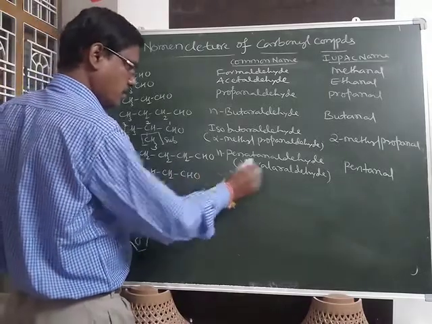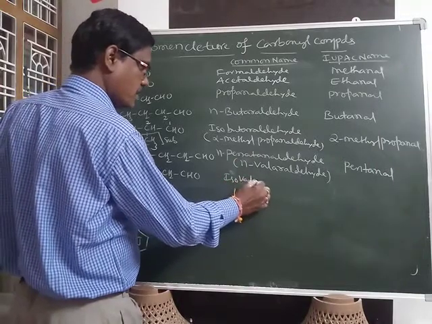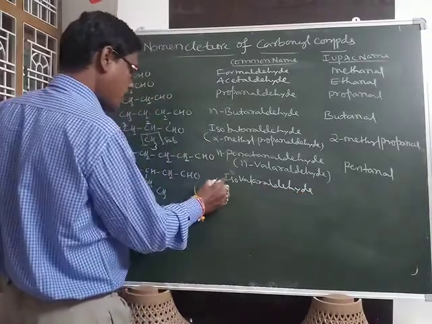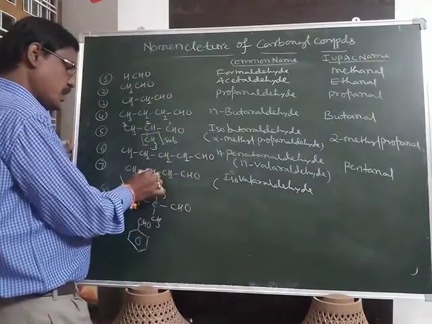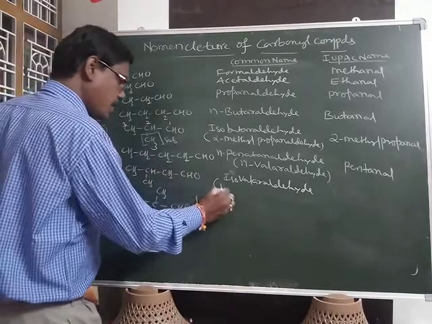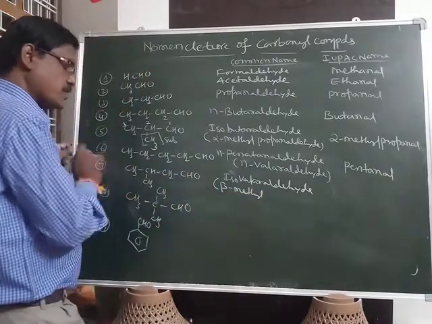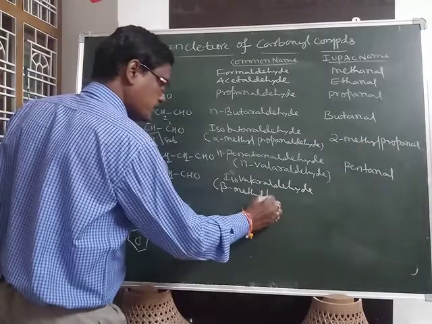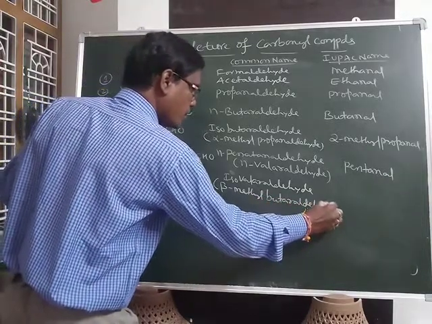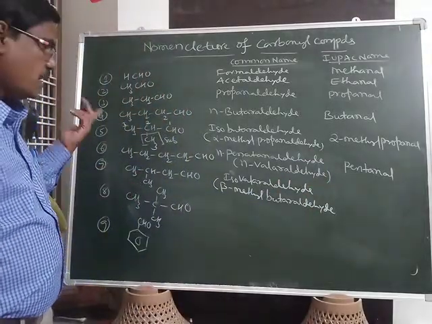Here is one more example, and this is isovaleraldehyde, isopentanaldehyde or isovaleraldehyde. Another name: 1, 2, 3, this is the functional group. Here the alpha carbon, this beta methyl, 4 carbons are present, butyraldehyde. Beta methyl butyraldehyde is another name.